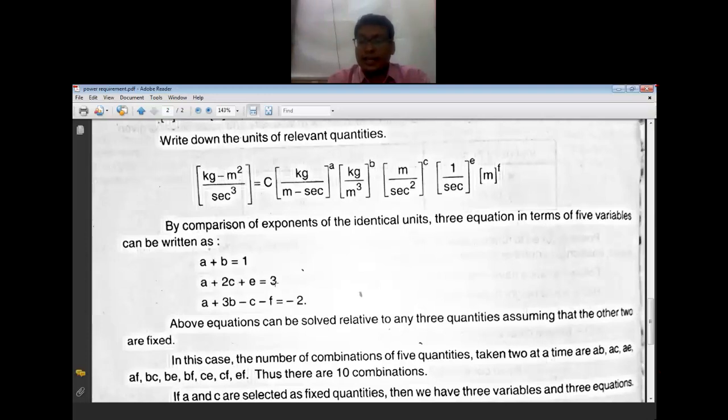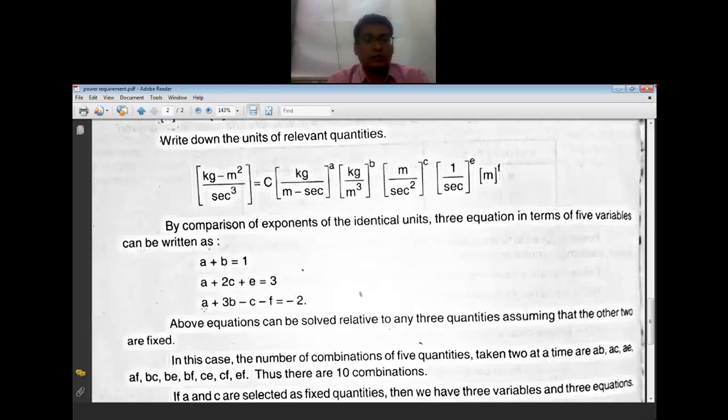The next is collecting all meters. Power has meter square, so this makes minus 2 on the other side, and the rest make plus: meter raised to minus a, meter cube that is 3b, meter raised to c, and meter raised to f.